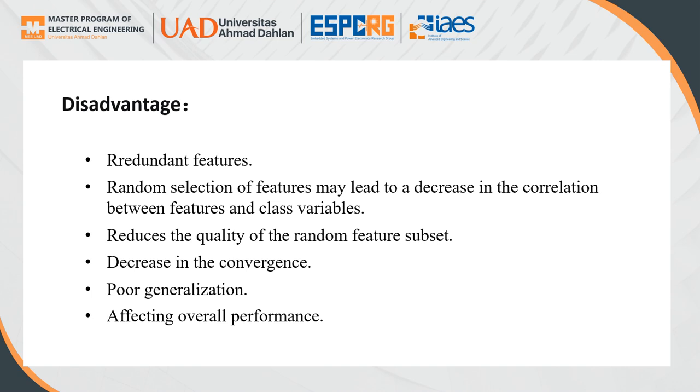Moreover, the randomly selected features may have high redundancy, which reduces the quality of the random feature subset and may result in a decrease in the convergence of the RF model and poor generalization ability, thereby affecting the accuracy of model prediction and overall performance.